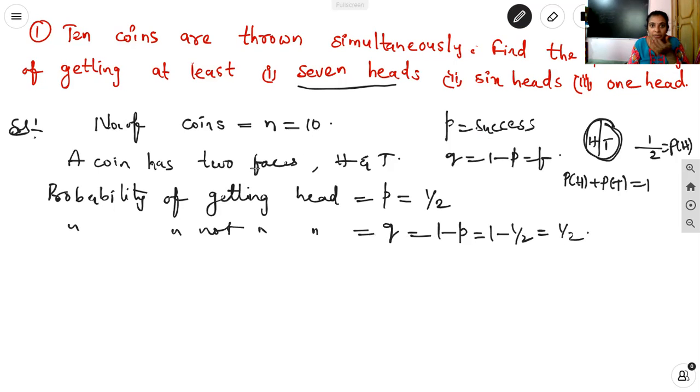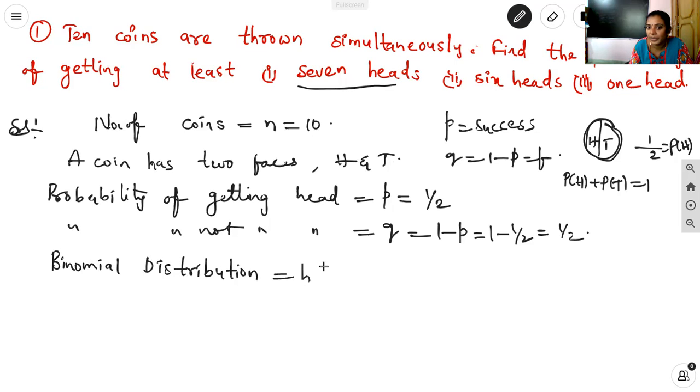Now we can find out by using the binomial distribution. Binomial means success and failure, getting head or tail. So here we can apply the binomial distribution. First we take the definition of the binomial distribution.